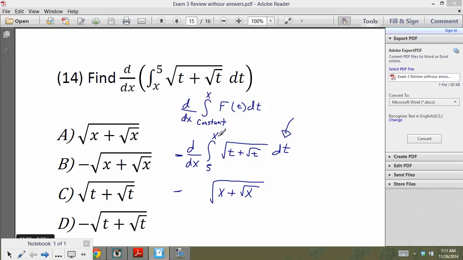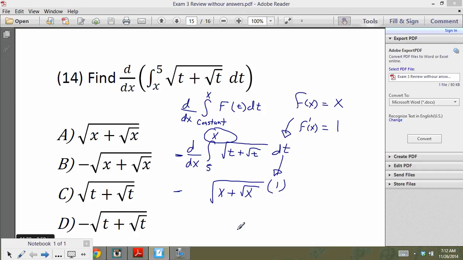And so what you're going to put in there is the derivative of that upper bound variable expression. So if you had f of x equals x, what would be f prime of x, right? What would be the derivative of that x? Well, that would be a 1. So this dt right here gets replaced by a 1, right?